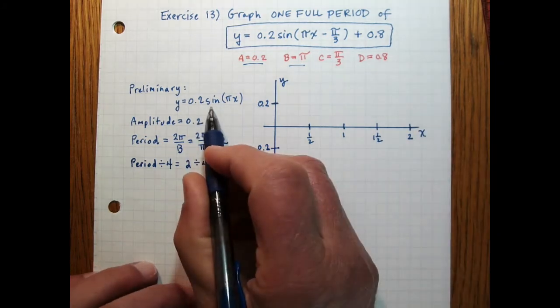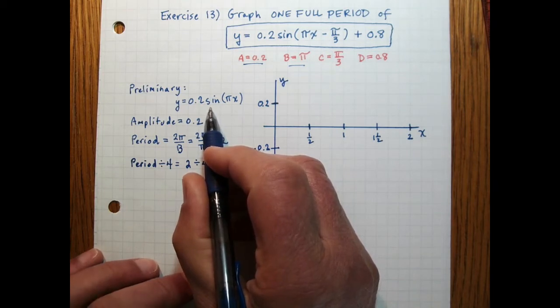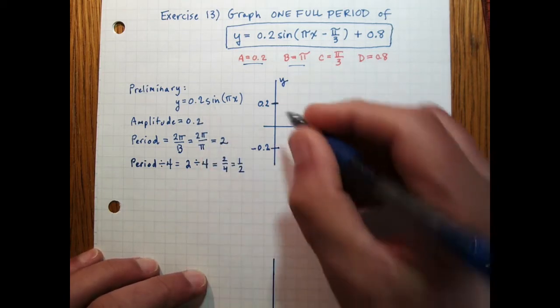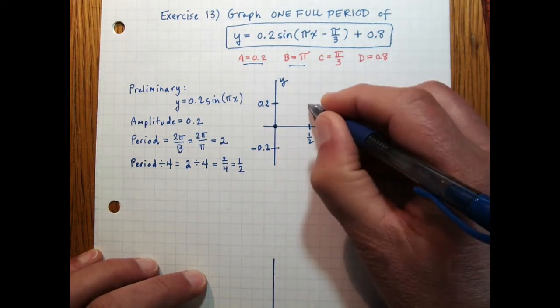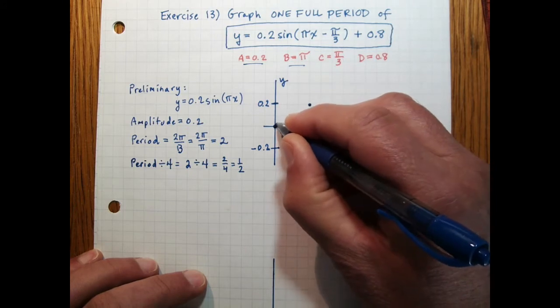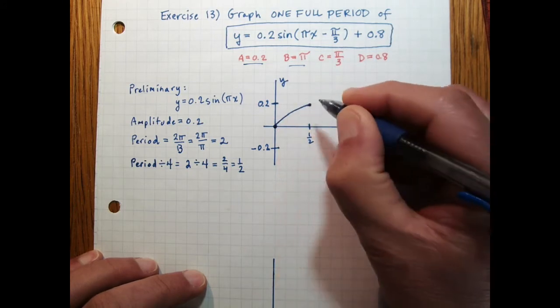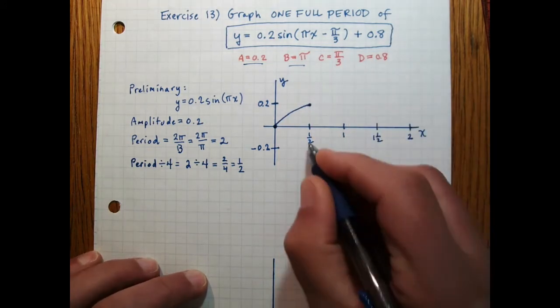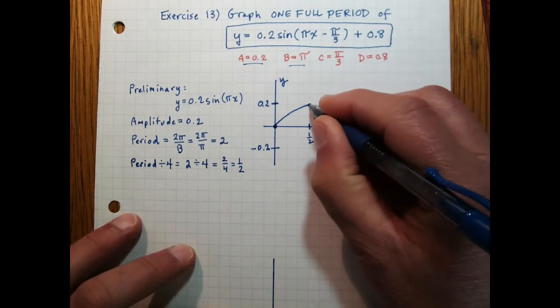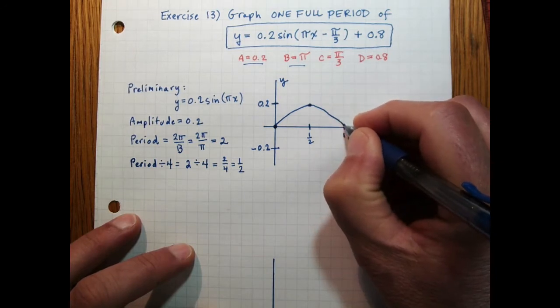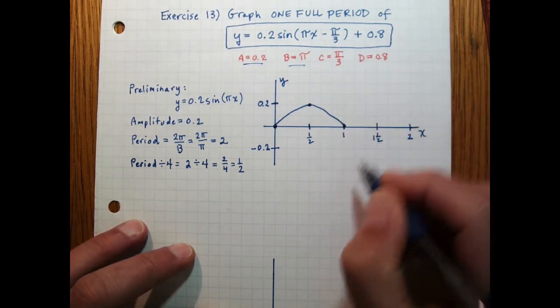And we're graphing a sine wave here. Now the preliminary graph has no horizontal shift or vertical shift, so we start sine at 0. We rise up to a max point, which is going to be 0.2 units above the first important x point. Then we come back down to 0 on the x-axis at 1.